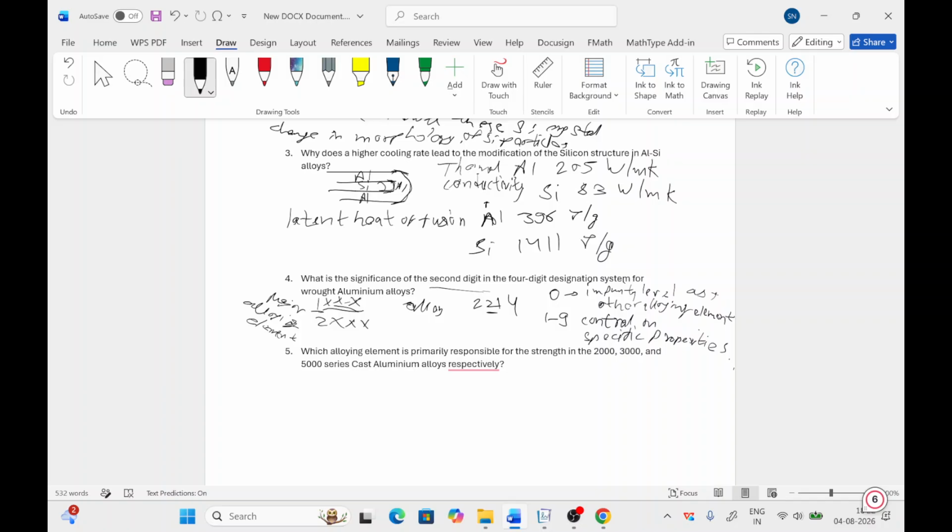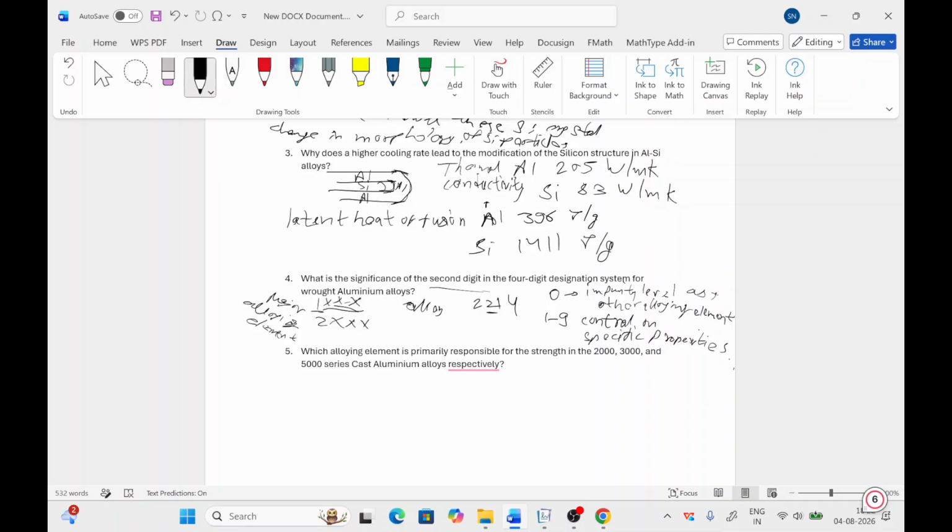So it means other than the major alloying element, some impurities will always be there in any alloy we make. So to control specific properties, we can modify those impurities in that alloy. So the 1 to 9 represent the different types of modification done to the composition to achieve specific properties.